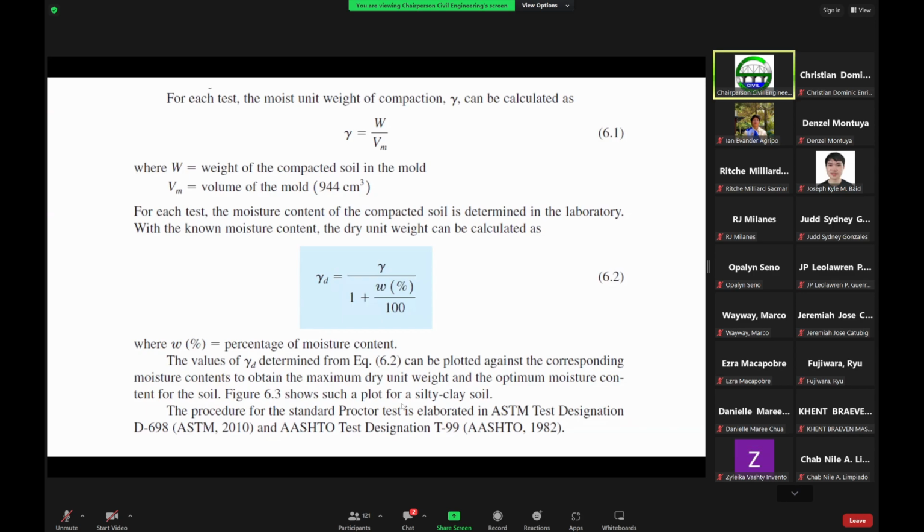The procedure for the standard Proctor test is given by ASTM D698. Or if you consider the AASHTO test designation, that is called AASHTO T99. This is usually the standard we use in practice.